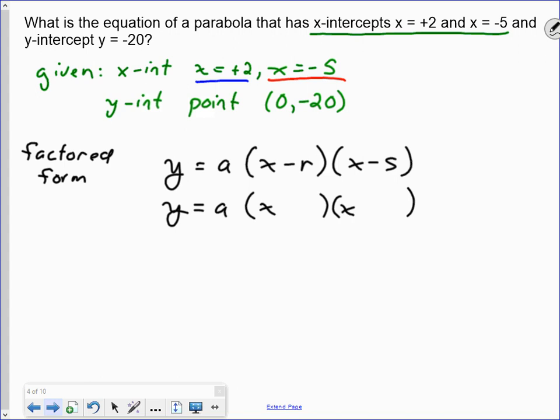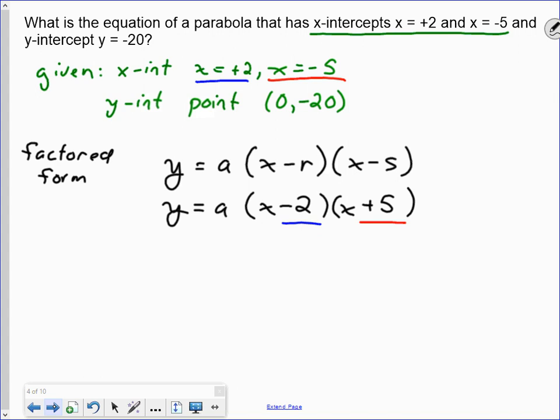Well, if one of my x-intercepts is negative 5, I need to have a positive 5 in here, because then if I sub in x equals negative 5, that entire bracket is going to be 0. On the other hand, if my other x-intercept is positive 2, I'm going to have a negative 2 in here, because when I sub in x equals 2, 2 minus 2 is going to give me 0, and that's going to be my intercept.